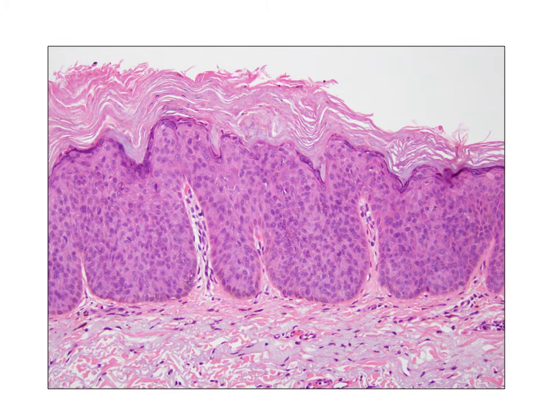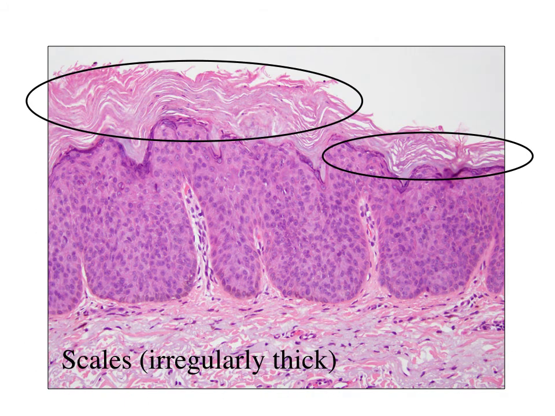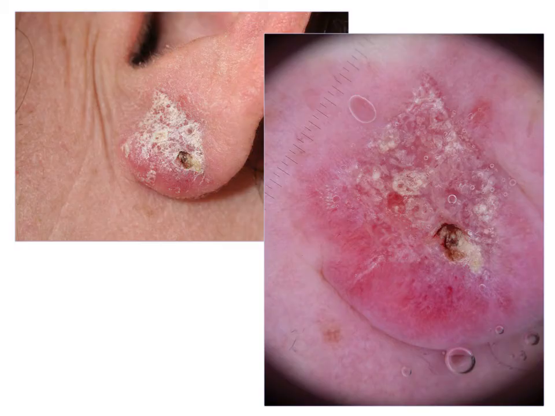Another anatomic feature observed with dermoscopy that is important in the diagnosis of squamous cell carcinoma is the squames. The squames are irregularly thick, and therefore their optical aspect will be different on dermoscopy. But interestingly, as you can see on this image, they are better seen with naked eye examination than with dermoscopy.